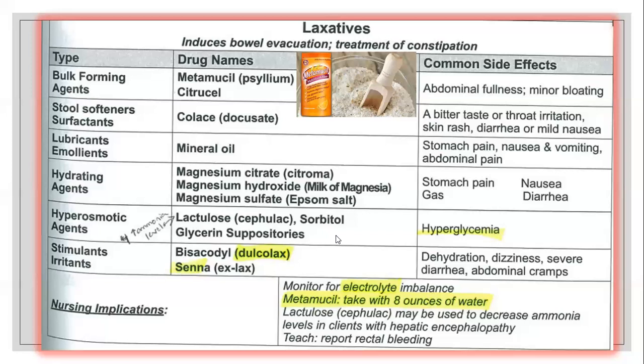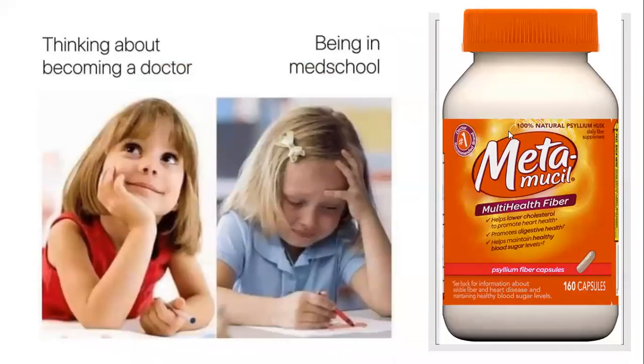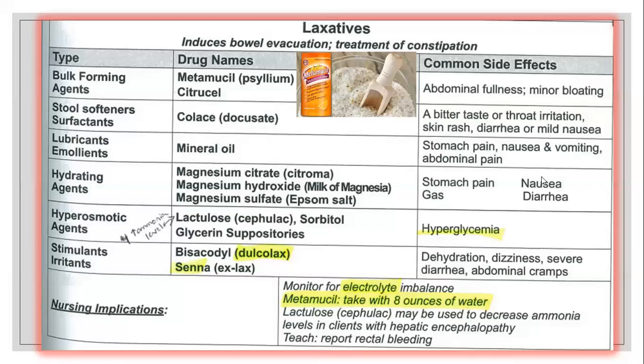Here is something very important every student must know about laxatives, the nursing implications. Monitor for electrolytes. If your patient needs to take laxatives, it is important to monitor for electrolyte imbalance. Metamucil, or psyllium, is taken with 8 ounces of water.